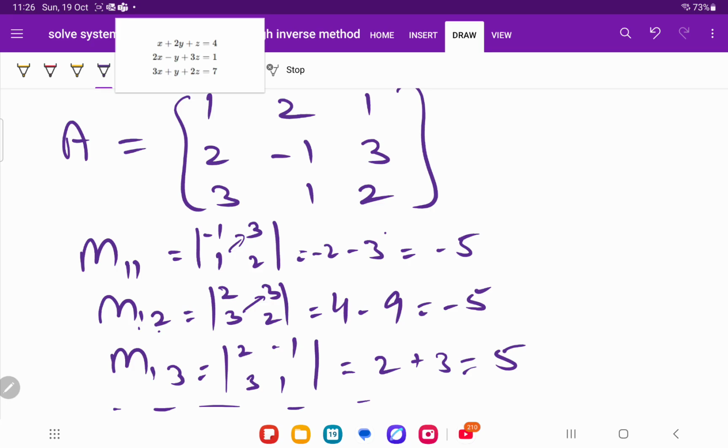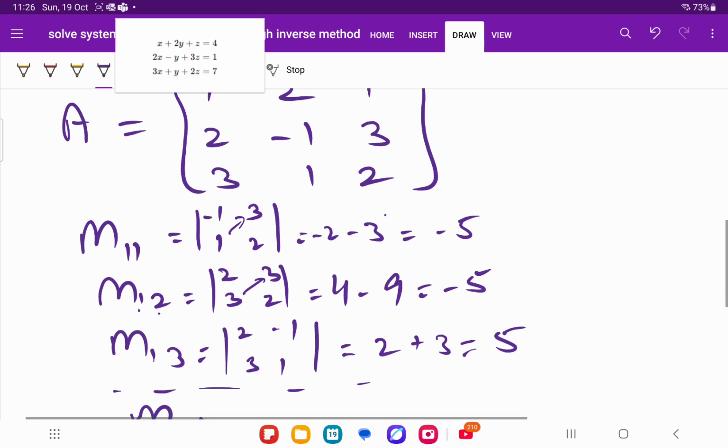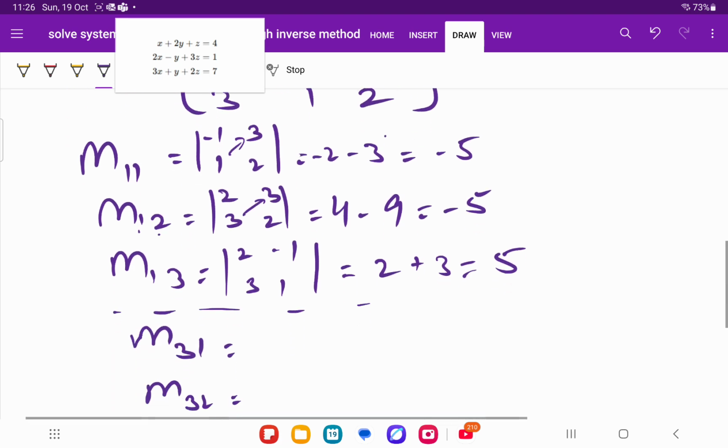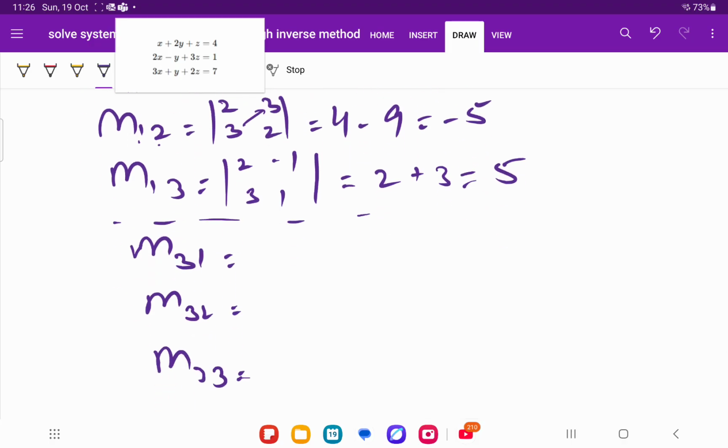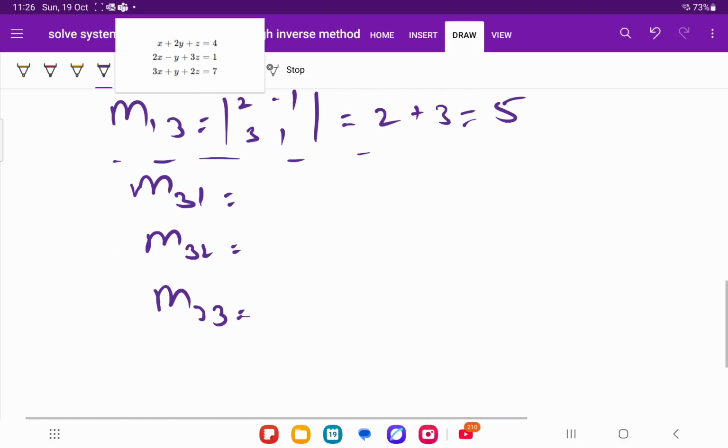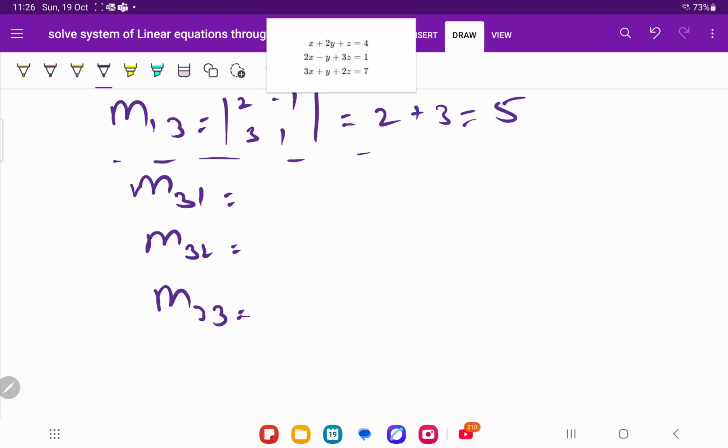So those three elements have been completed, and we'll try to complete the rest of the elements. Let me write A again here, just for your reference.